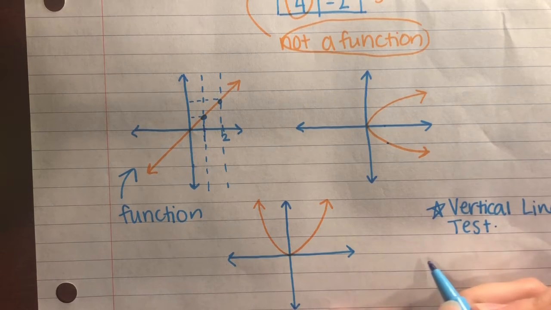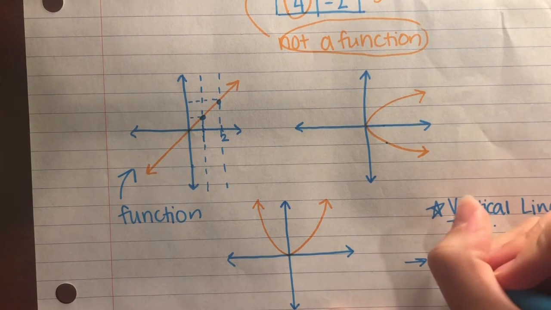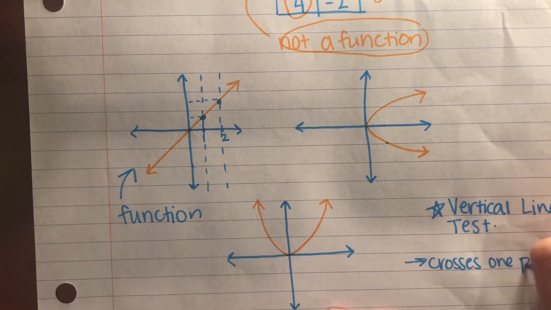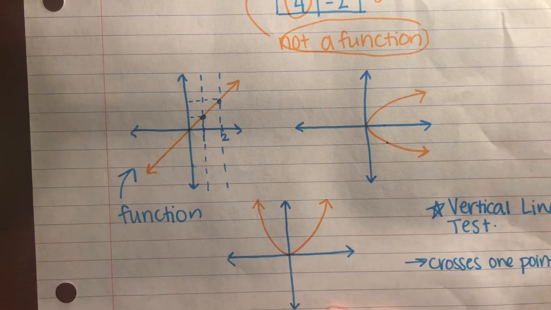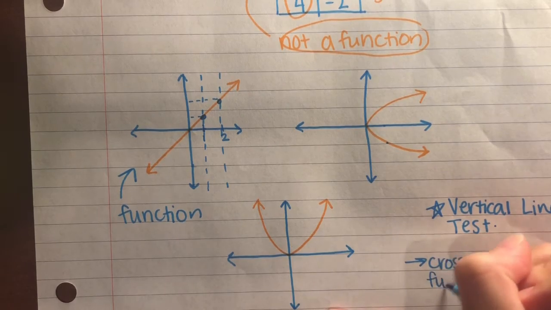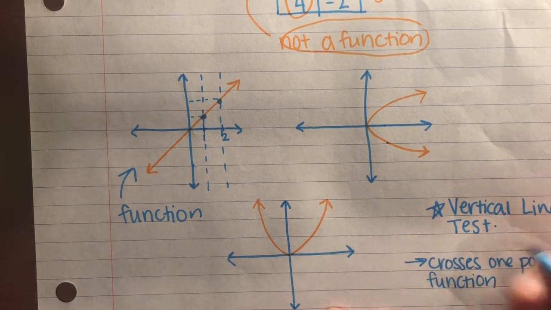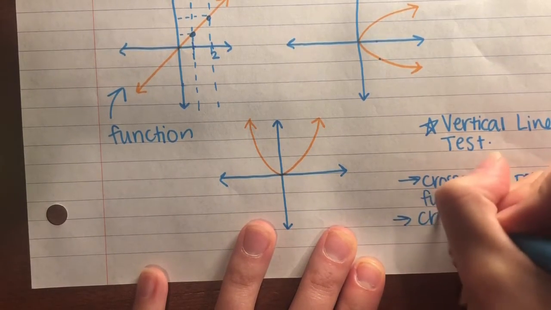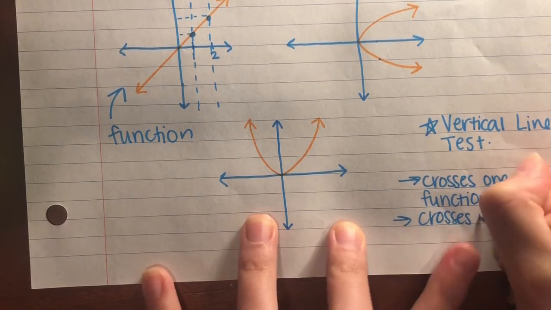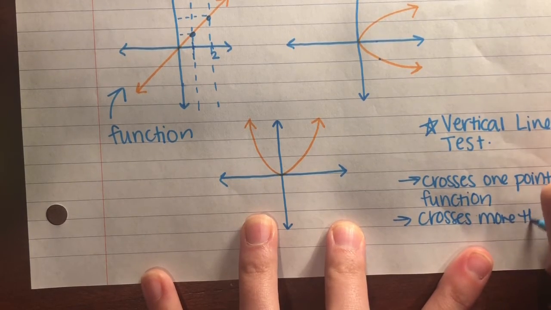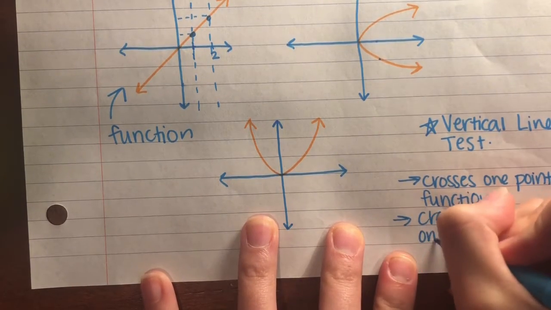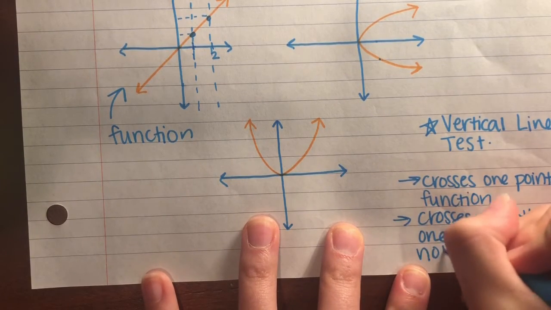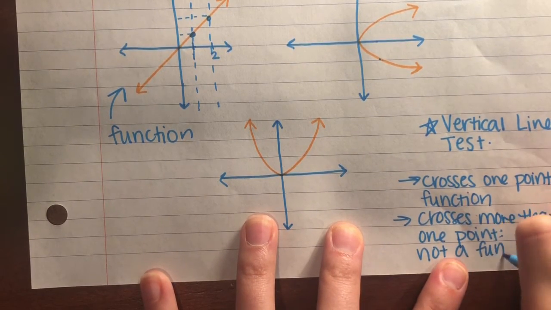And so if you draw a vertical line and it crosses one point, that means it is a function. And if it crosses more than one point, that means it's not a function.